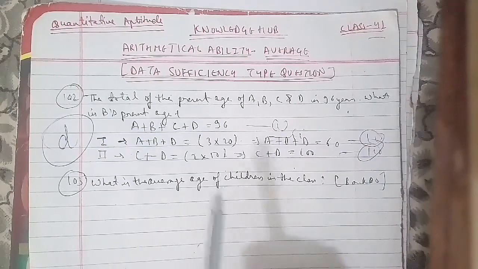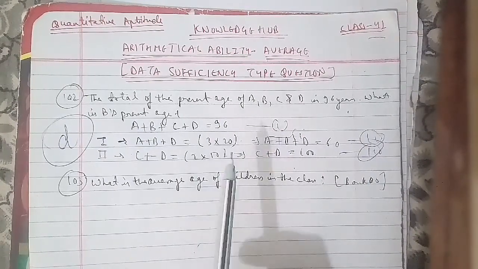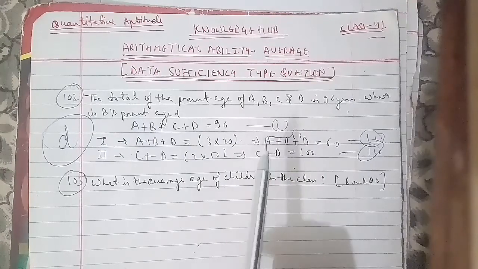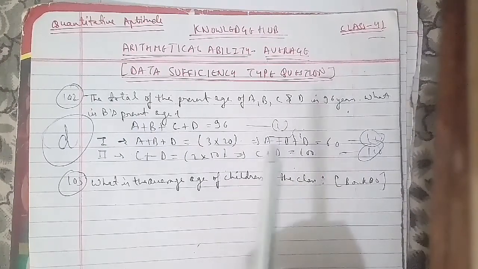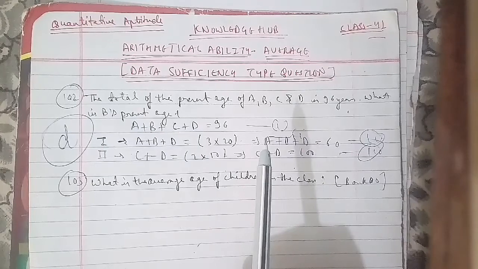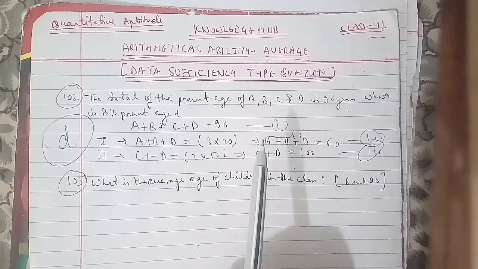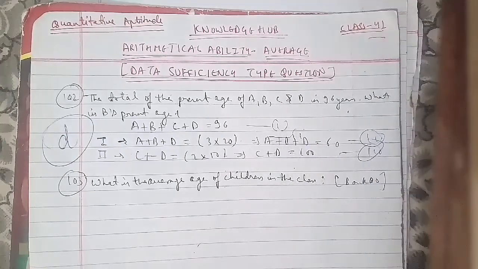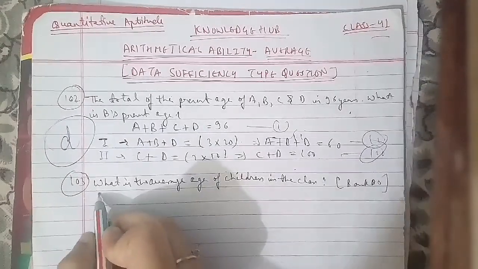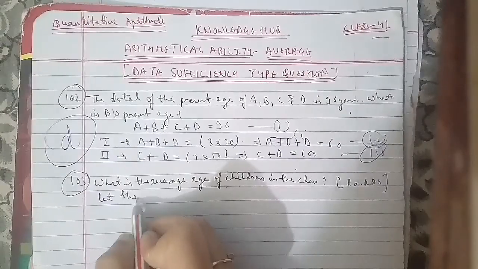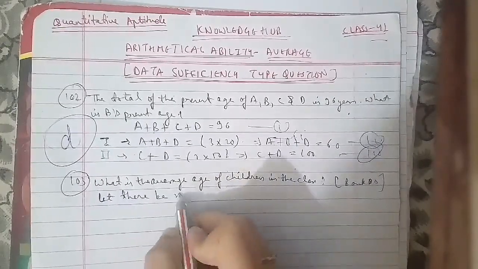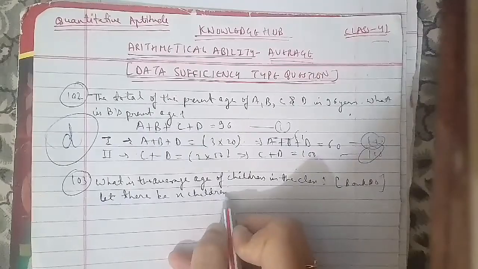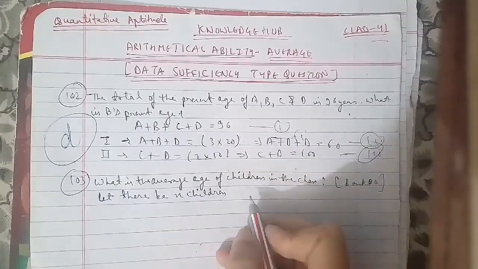Let there be X children. The first statement says that the age of the teacher equals X years, and the second says that the average age of X plus 1 persons equals X plus 1 years.